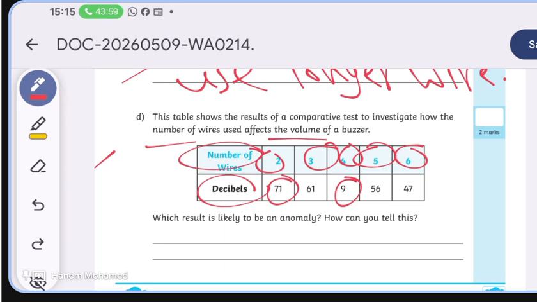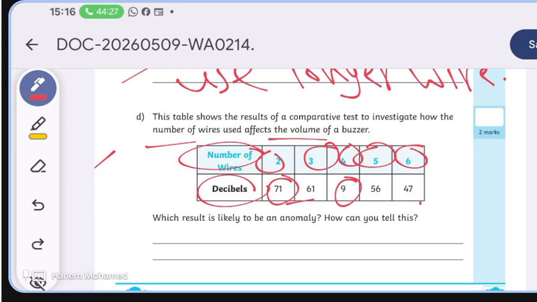No. Why? At least it will decrease by 10, not decrease and become 9. Of course, 71, 61, maybe it will be like 59. That's why with 5 wires, it will be 56, and with 6 wires, it will be 47. So which result is likely to be an anomaly? It means wrong. It doesn't make any sense.